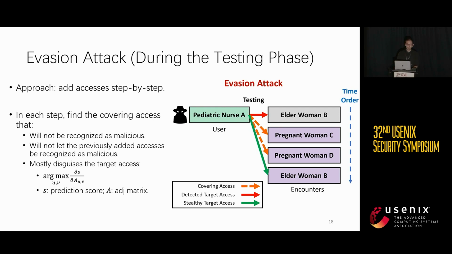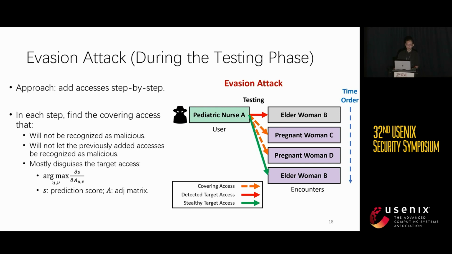In each step, intuitively, what we would like to do is to find the covering access that can most disguise our target access. However, recall that we also have the requirement that the covering access should not be detected by the system. Therefore, we add two extra constraints: first, the access itself should not be recognized as malicious; and second, it will not let the previously added accesses be recognized as malicious after we inject this access.